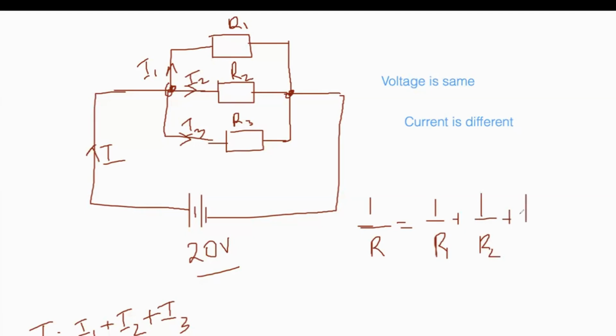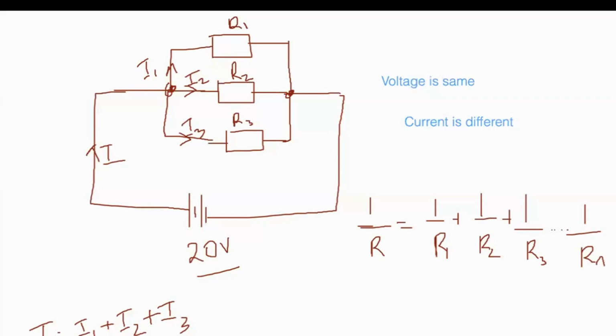So this is for the system of three resistors together. If I have n number of resistors, it's going to be up to 1 by Rn. Is that clear to you? Now these formulas and these tools are clear for you.